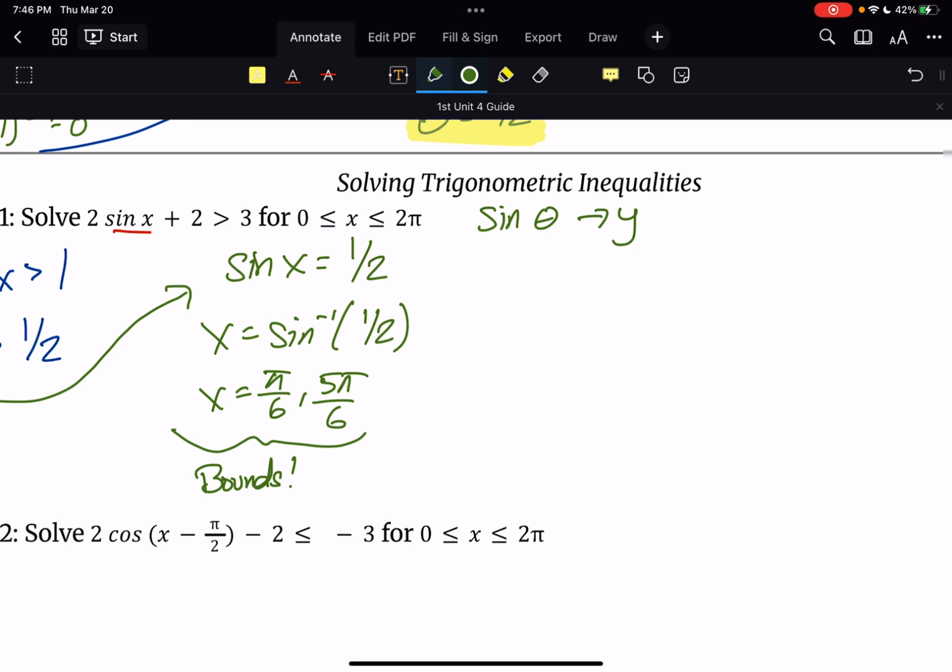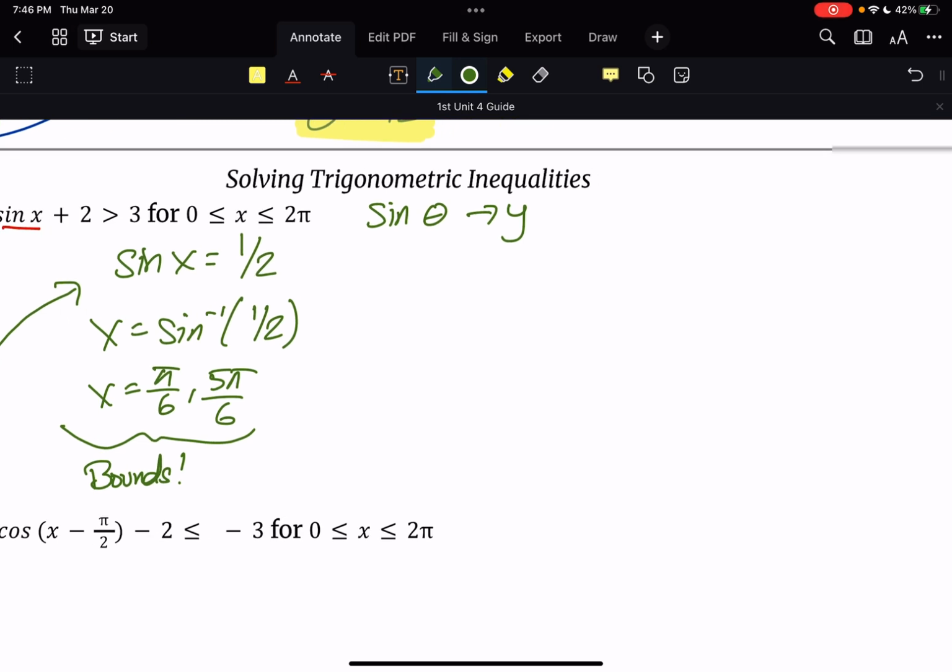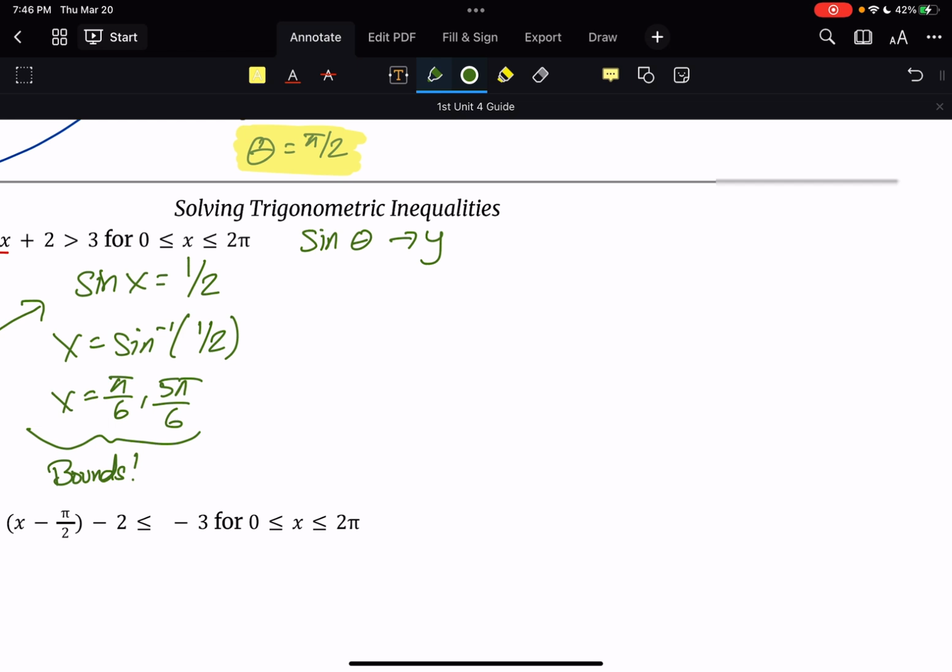So if we think about all the other angles on my unit circle, from pi over 6 to 5 pi over 6, I'm now thinking about those y coordinates, and all of the y coordinates in between are going to be bigger than the y coordinate of 1/2 at 5 pi over 6 and at pi over 6.